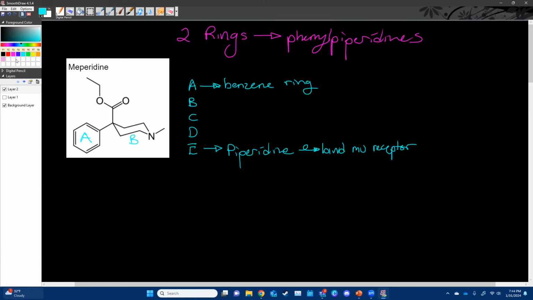What's important to know about these two rings is that what's really driving the activity is our N-methyl group. This is what's creating our mu agonist activity.